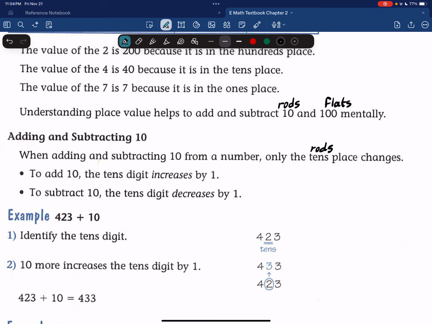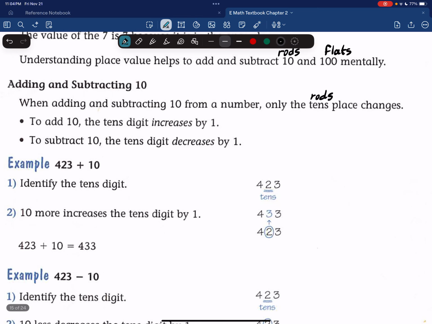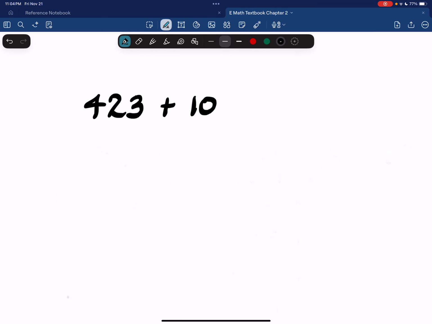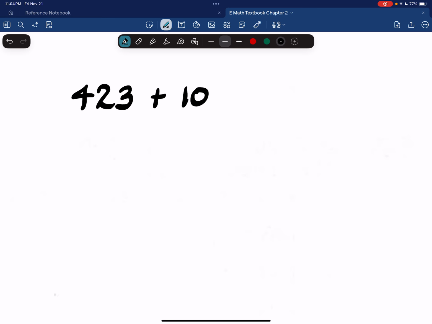To subtract 10, the tens digit decreases by 1. For example, add 423 plus 10. Now they do a great job explaining, but I'm going to just zero in right here.